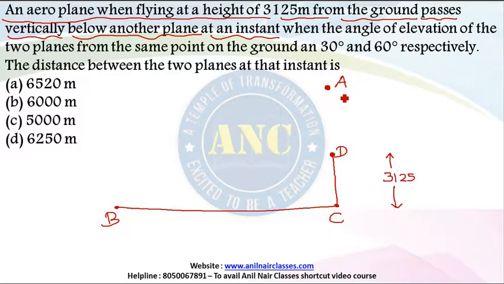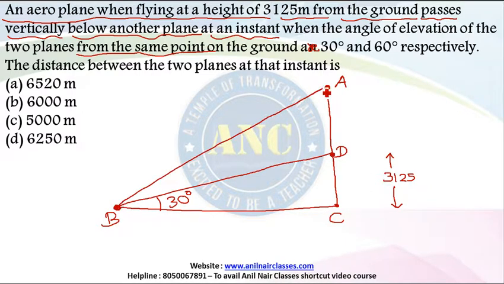I will call that aeroplane A. D passes below A at some instant when the angles of elevation of the two planes from the same point B on the ground are 30 degrees and 60 degrees respectively. That means for the first plane the angle of elevation is 30 degrees, and for the second plane the bigger angle is 60 degrees. Your question is to find the distance between the two planes at that instant.